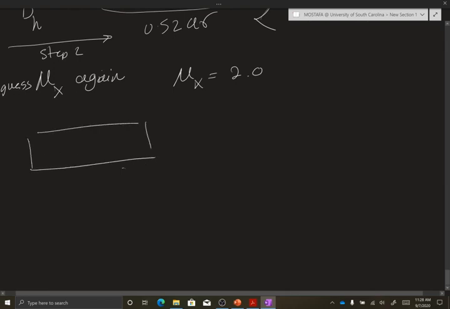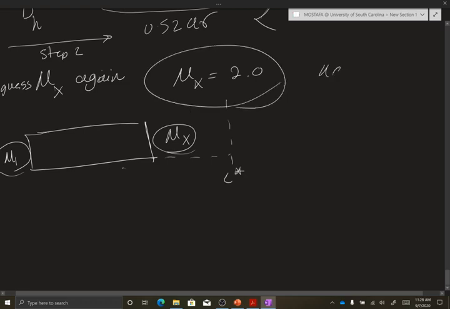So let's cut the duct again at the shock. Your outlet is going to be Mx, inlet is going to be M1. And the assumption here is that we haven't reached the choking condition yet. So you go to the Fano table for this one and read 4CF Lx star over dH, this length.